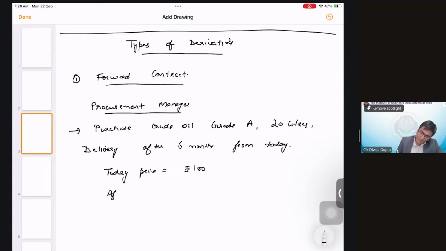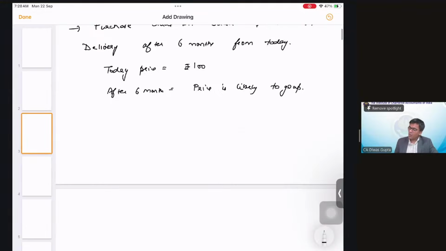After 6 months, the price is likely to go up. So there is an expectation that after 6 months, the price is likely to go up. But we need delivery after 6 months, not today. Today's price is at 100.